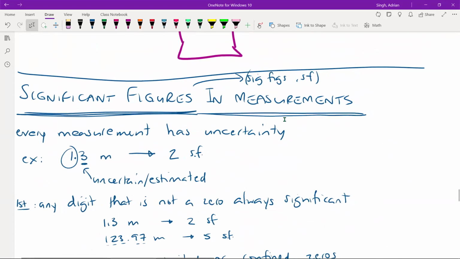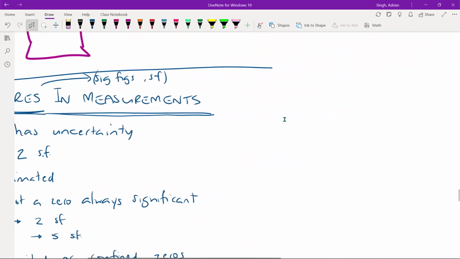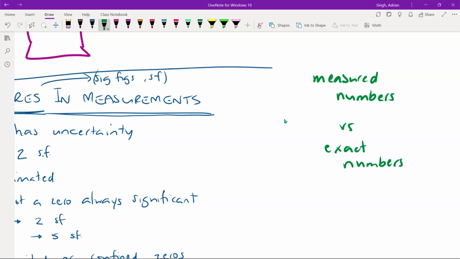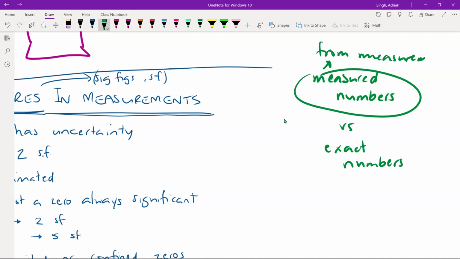And just as a frame of reference, we can compare measured numbers, which we've been talking about for quite a bit, versus exact numbers. What's the difference between them? Well, measured numbers, we get those from measurements, as the name suggests.